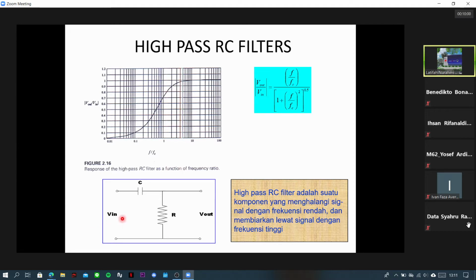The arrangement is quite the contrast from the previous low pass filters. The capacitor is put at the beginning, and here we switch between the resistor and the capacitor. So here's the electrical arrangement. Quite a difference, okay? Don't get mixed up between the low pass and the high pass.